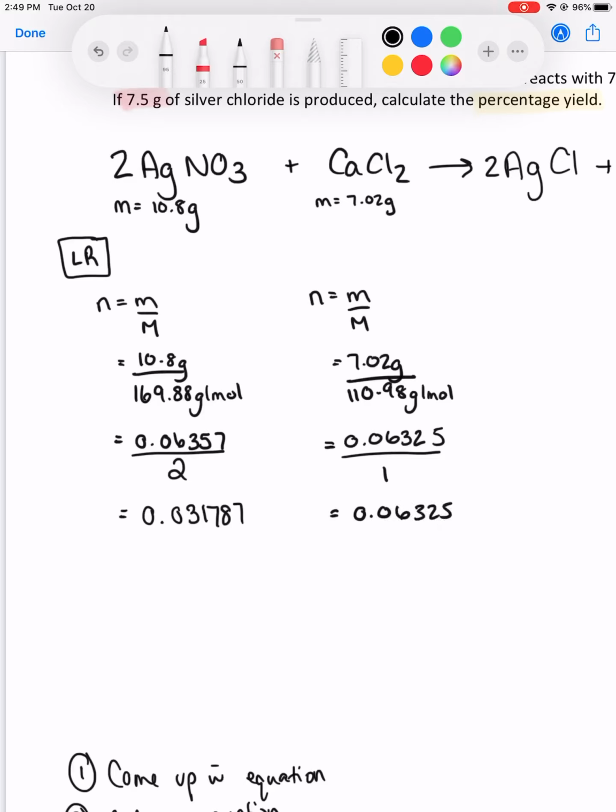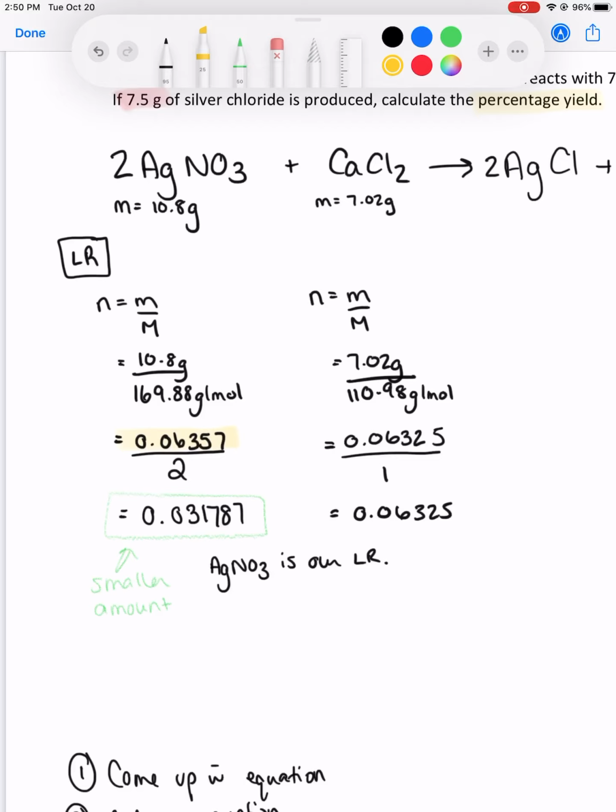So what is our limiting reactant? Well, this guy is, because it's a smaller amount. So limiting reactant. Okay, so that means I'm going to be using this moles for when we do our mole ratio.